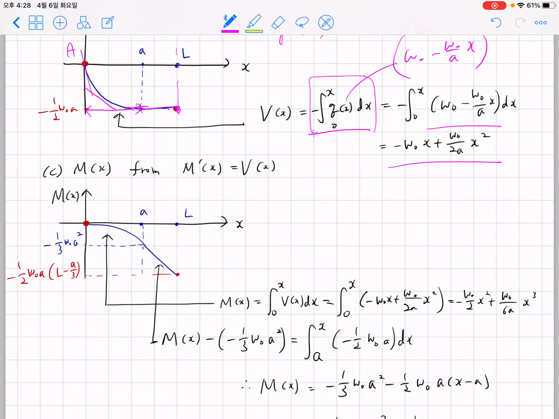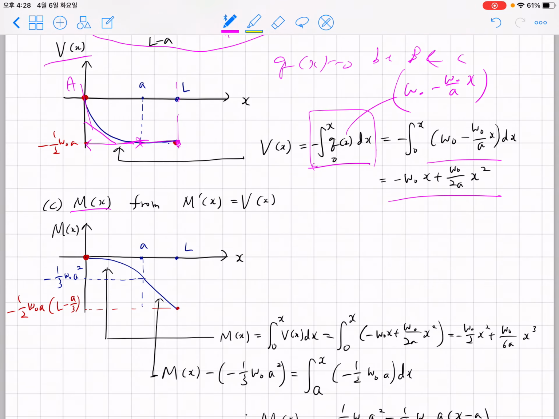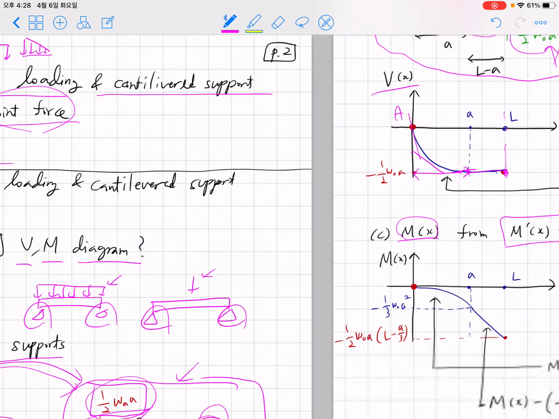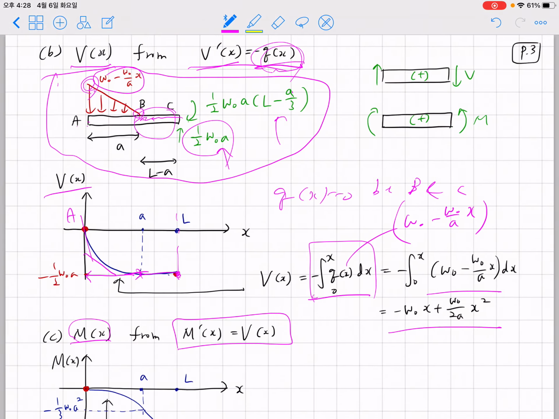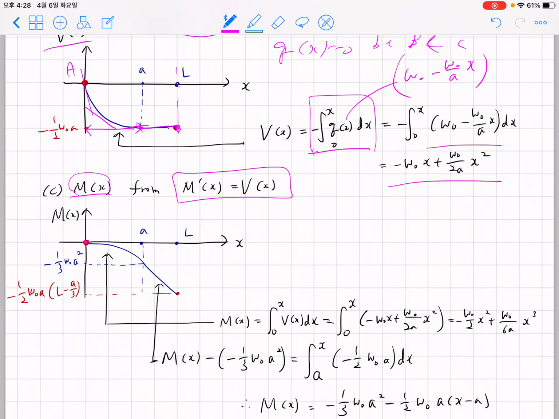Having obtained the V diagram, let's try to obtain the M diagram. We can obtain the M diagram from this relationship, M prime equals V(x), and let's check the boundary conditions. At A point we have M equals 0. At C point we have minus MC, at the x equals L point.